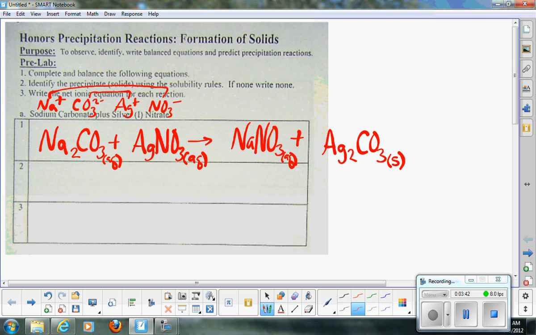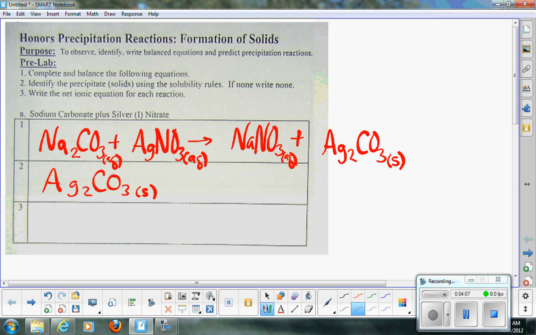Now, the second thing that we worry about up here, so I'm going to erase this up here so we see it, is to identify the precipitate, the solids, using the solubility rules. That's what we did up here on the left-hand side. So the precipitate is the one that makes the solid. So that is Ag2CO3, which is going to be our solid.